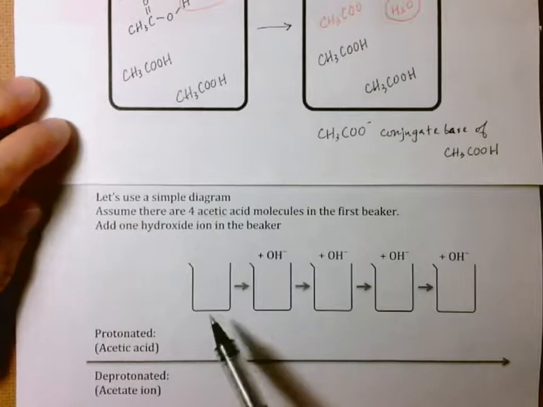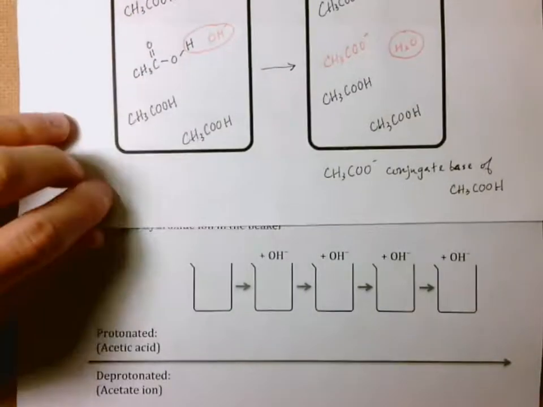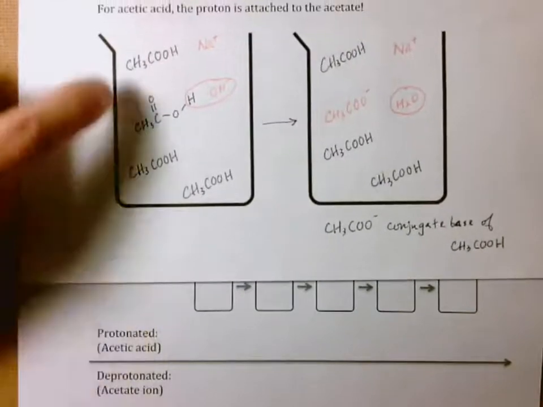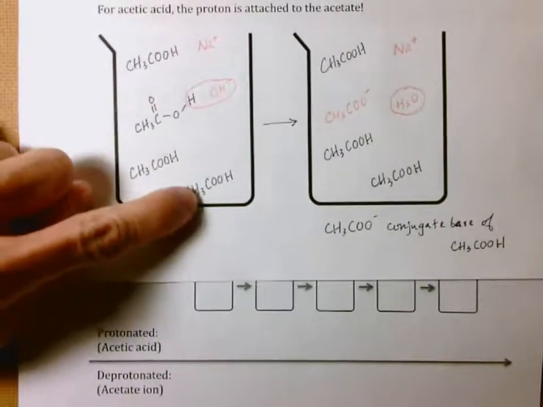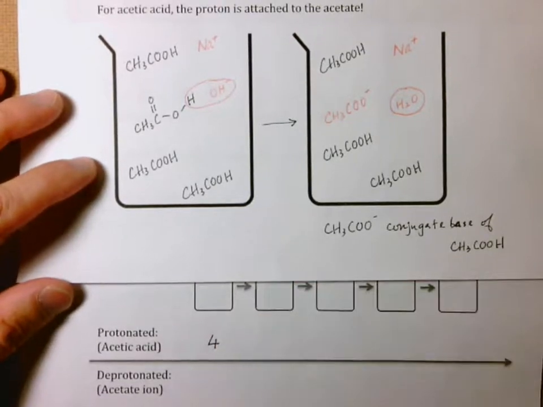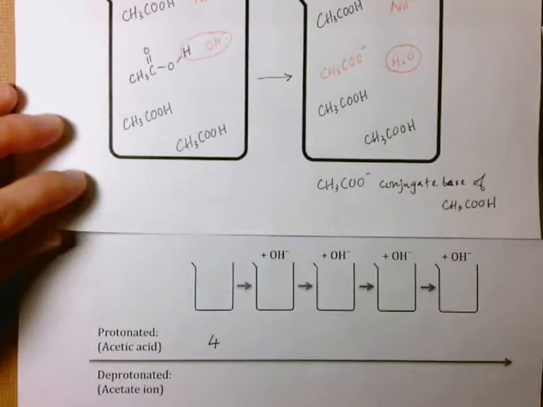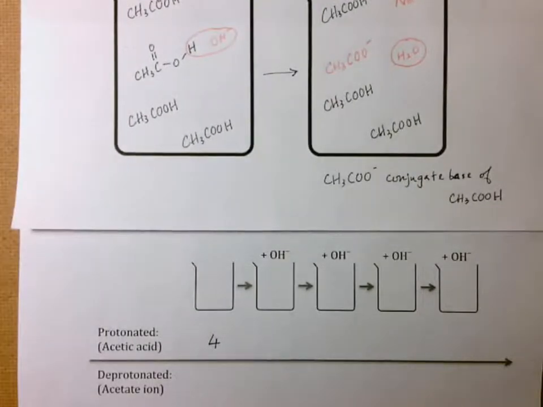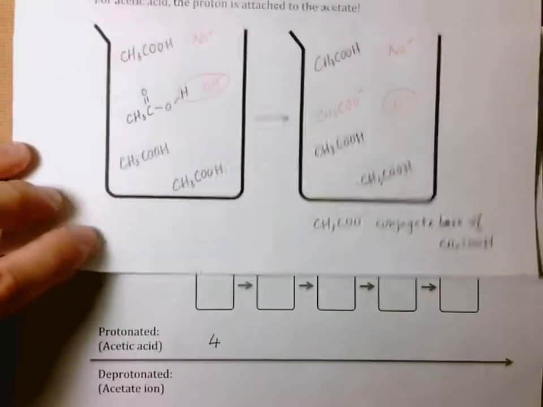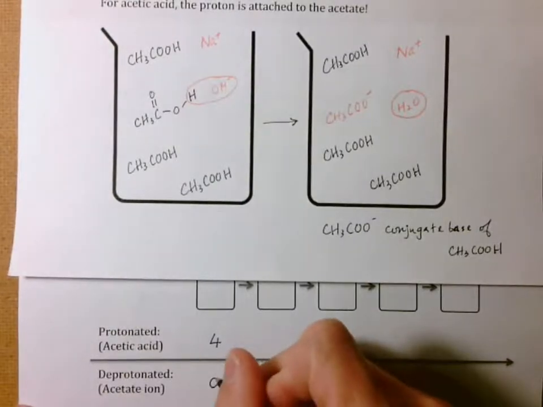So at the beginning, we have 1, 2, 3, 4. We have 4 acetic acid. And there's no acetate ion. Before you add hydroxide, you have no acetate ion.